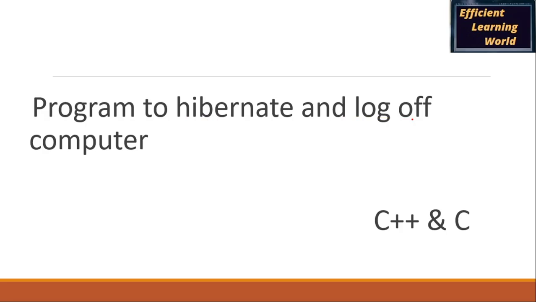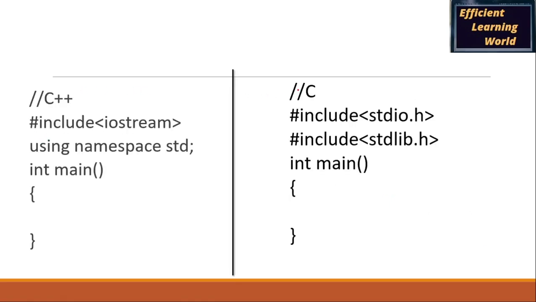But the code whatever I will explain, you can use in the C++ language and the C language as well, because C++ is the advanced version of C, developed by Dennis Ritchie at Bell Laboratory. If you have learned the C language, you will know the syntax and the difference between C++ and C. In C we basically use the stdio.h and stdlib.h header files, but in C++ we basically use the iostream header file, which is the standard header file of C++.